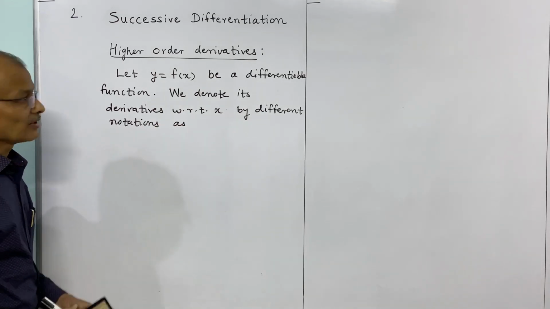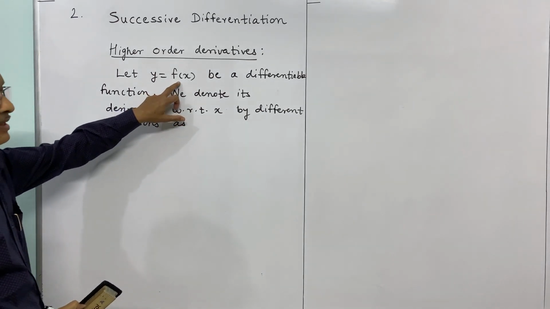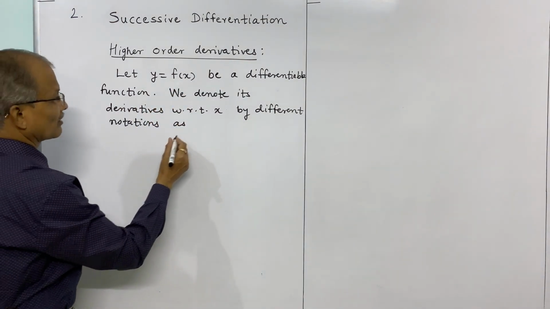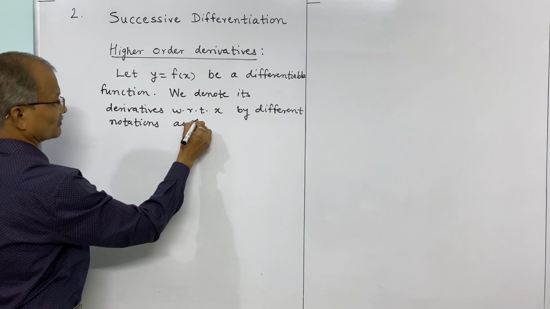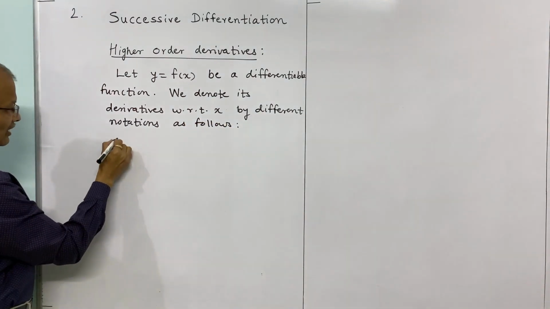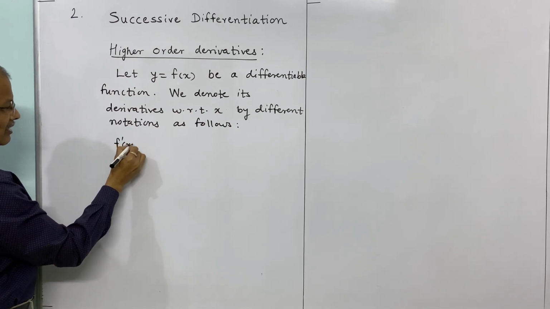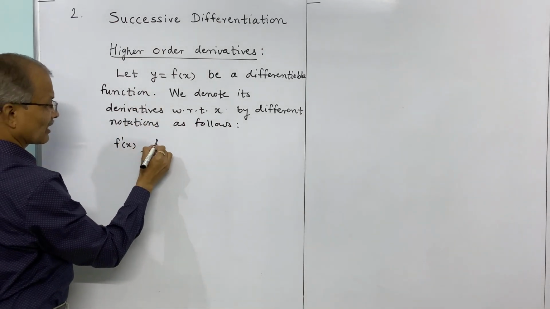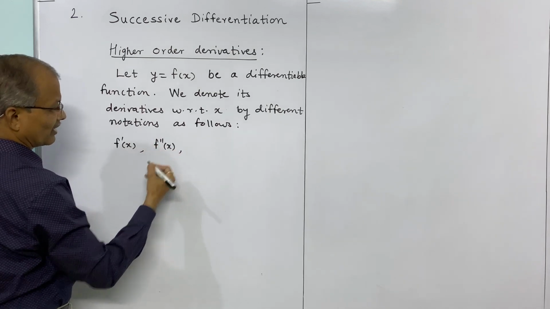First, you consider y is f of x, then we denote the first derivative by f dash x, or f prime x. Second derivative we may denote by f double prime or f double dash x.